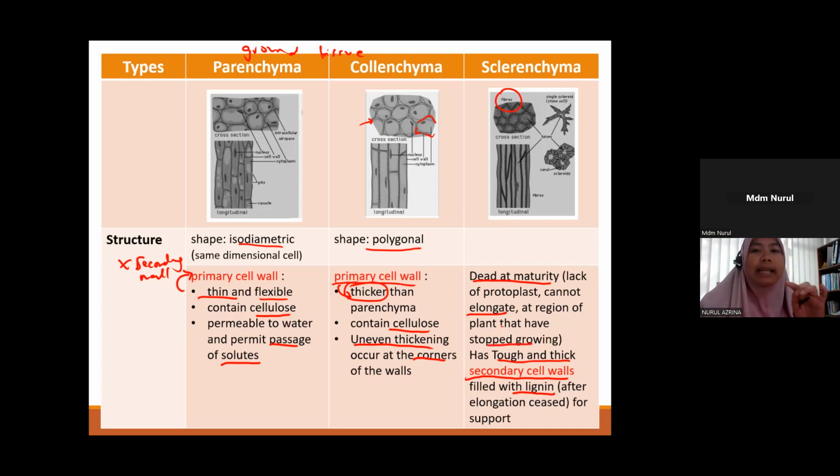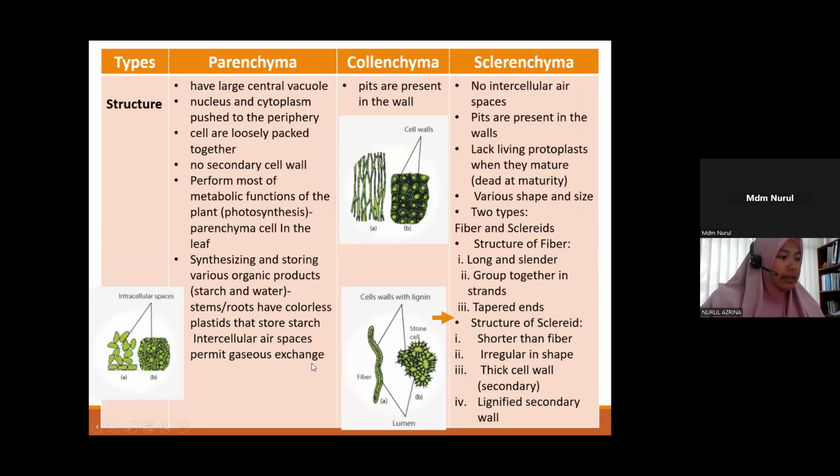So that is what is meant by dead at maturity. They lack protoplast. What is protoplast? Protoplast is all the components of the cell except for the cell wall. Meaning there is no nucleus; dead at maturity means there is no nucleus and no cytoplasm anymore.